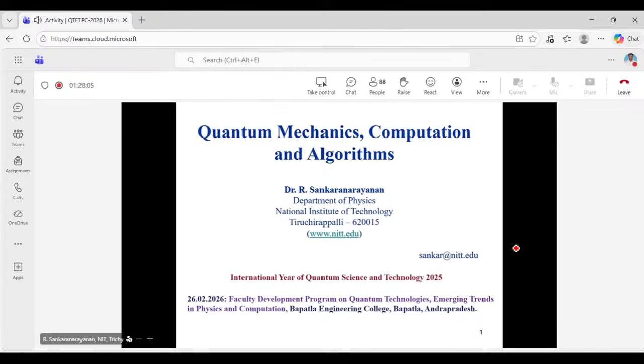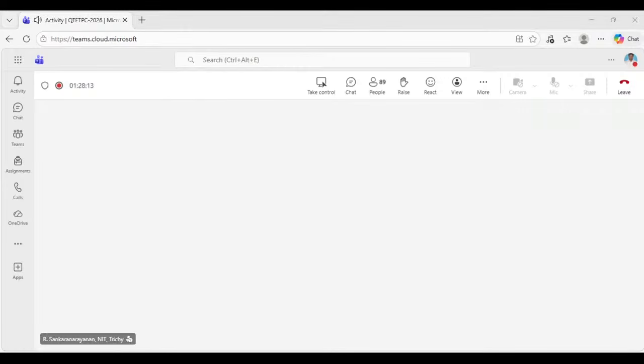So here is a subject called quantum computation, and the subject of this faculty development program is quantum technologies, emerging trends in physics and computation. Quantum computation merges the ideas of quantum mechanics and the ideas of computer science.